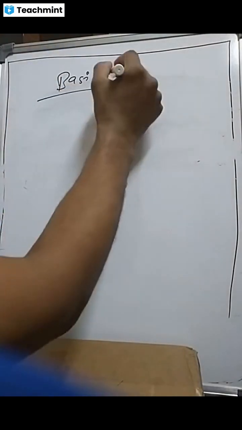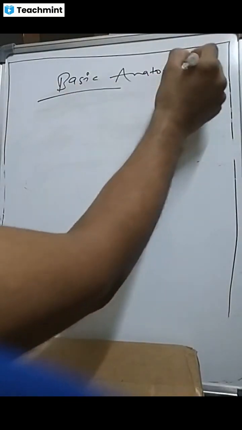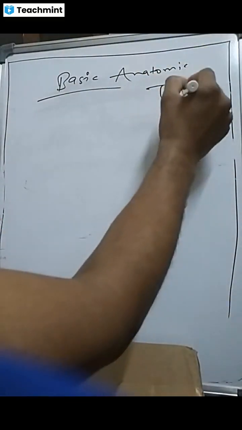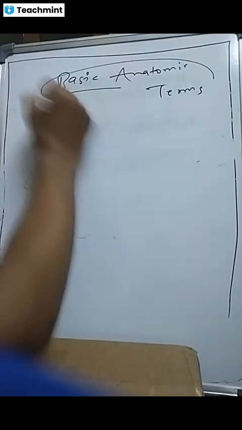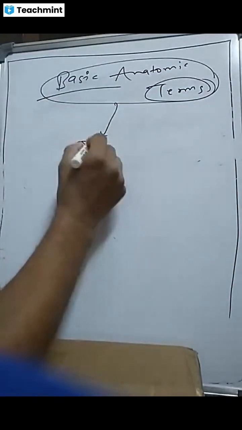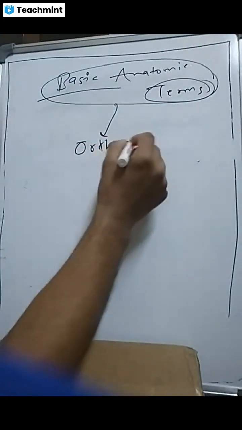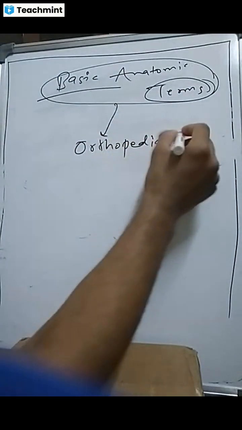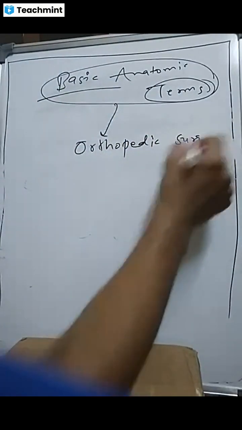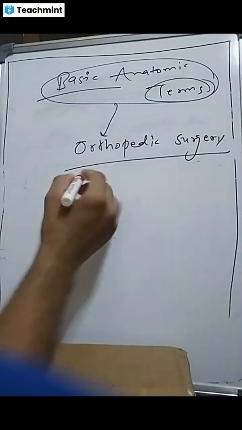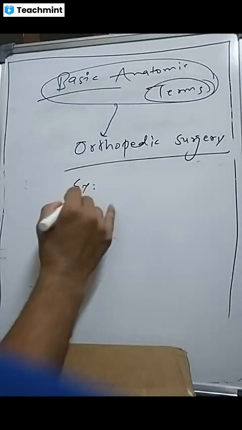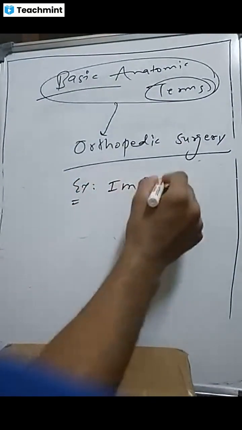So this lecture is about basic anatomical terms, where these terms are used in. For example, femur.